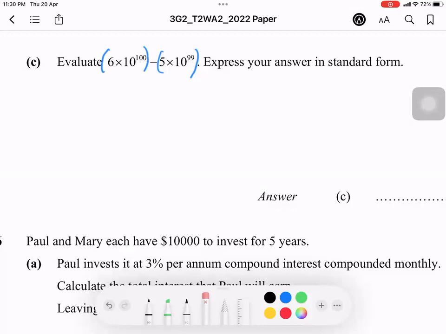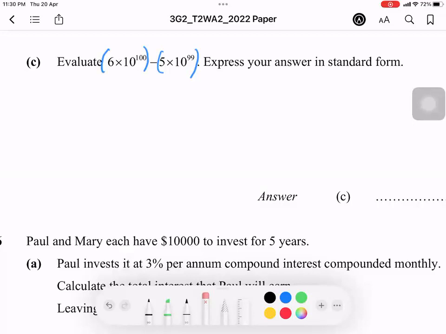Somehow my calculator doesn't work. Wait, give me a minute. 6 times 10 to the power 100 minus 5 times 10 to the power of 99. Oh, I changed my calculator to a different mode.